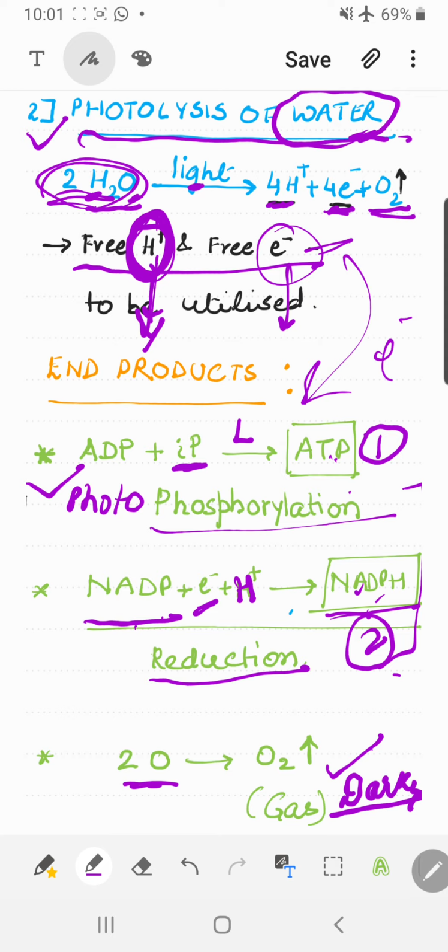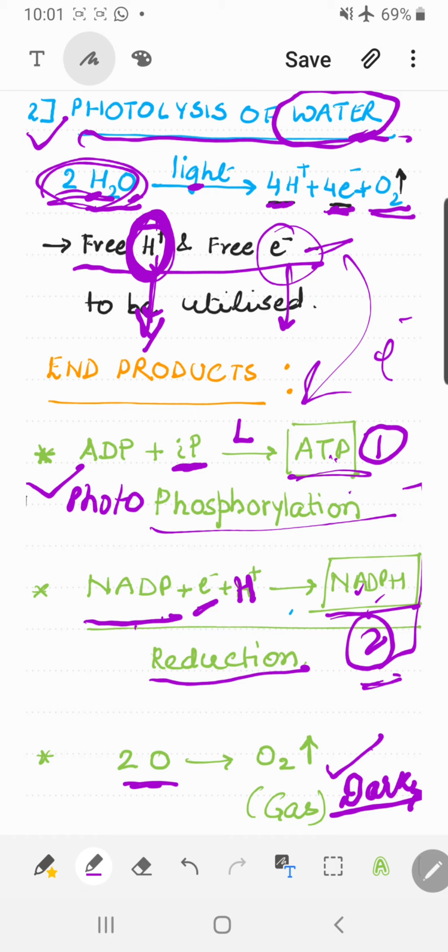But here light reaction gets over. Now the products which are formed here, number one is ATP and number two is NADPH. Both of these will be moving to the dark reaction site, and that dark reaction site is stroma. That means these two products will not be remaining inside the thylakoid, rather they will be moving to stroma so as to complete the dark reaction.